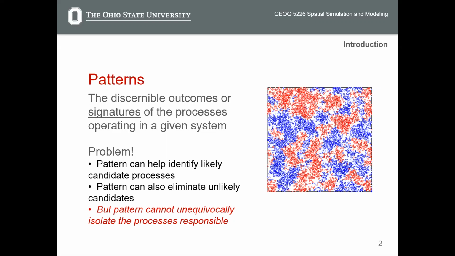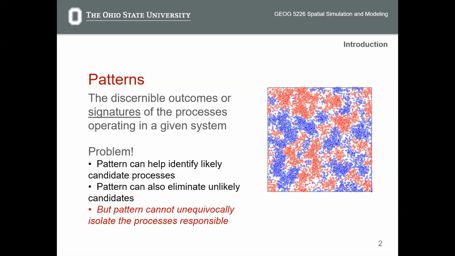So it could be the result of multiple processes, which means multiple processes could lead to the same pattern. Okay, so if we are looking at a pattern, we can list potential candidate processes that led to this pattern. Pattern can also eliminate unlikely candidates.